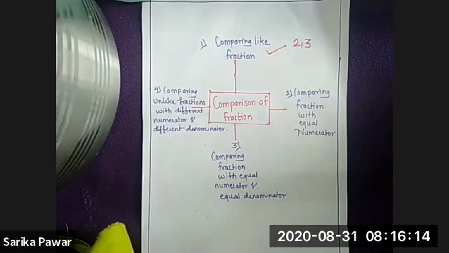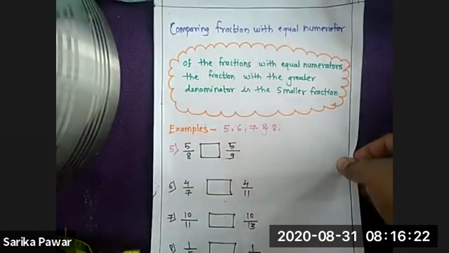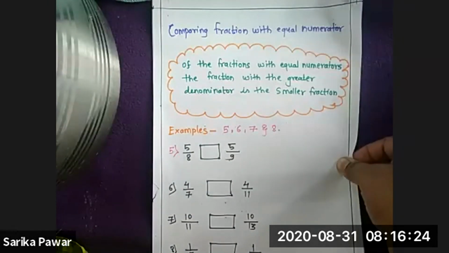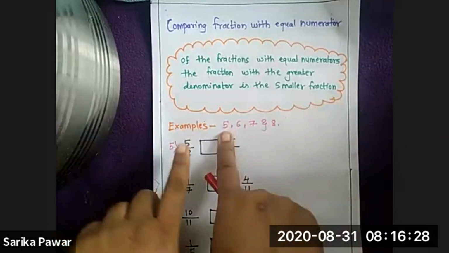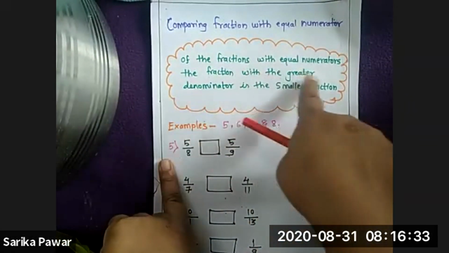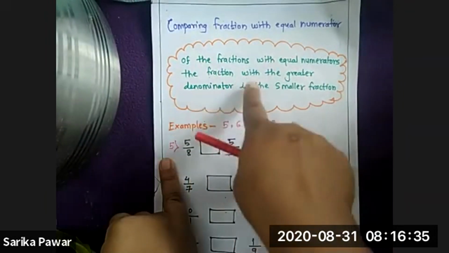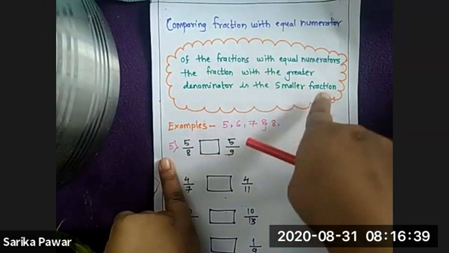Comparing fraction with equal numerator. See what the rule says. Of the fractions with equal numerator, the fraction with the greater denominator is the smaller fraction.